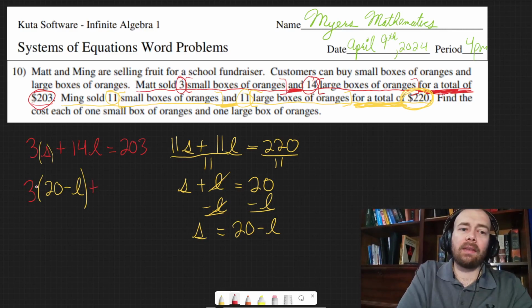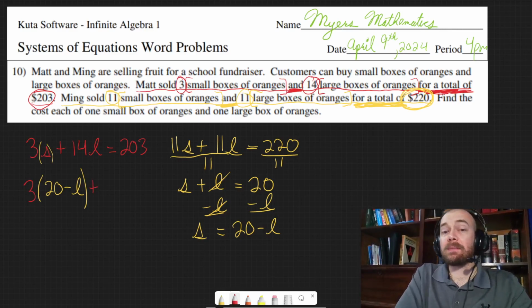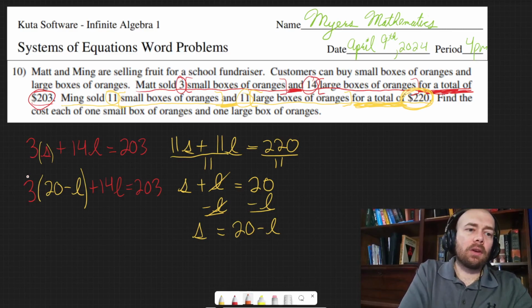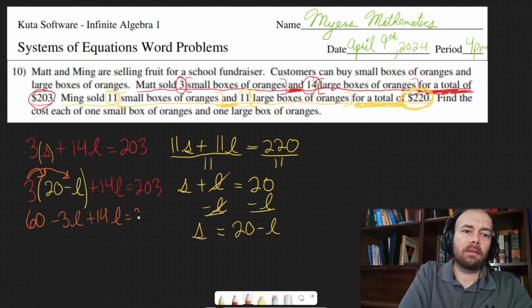I'm not writing the S because I'm substituting S with 20 minus L, which is equivalent to S, plus 14L equals 203. Now I can start solving. I'm going to distribute that 3. That would be 60, distribute it to the L, minus 3L plus 14L equals 203.